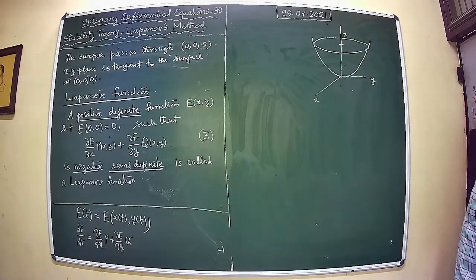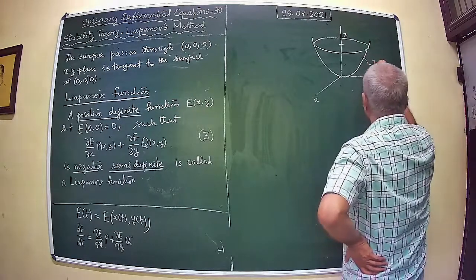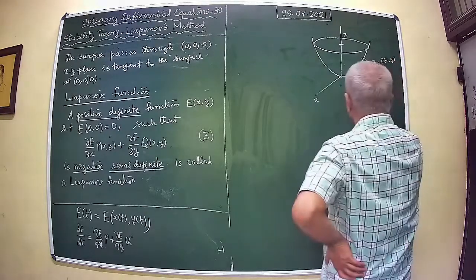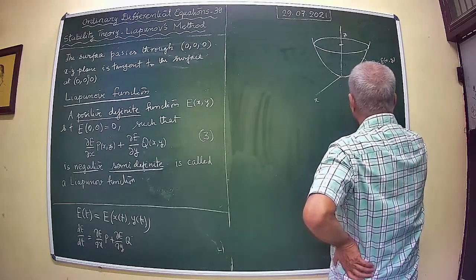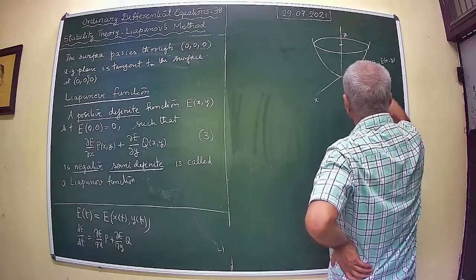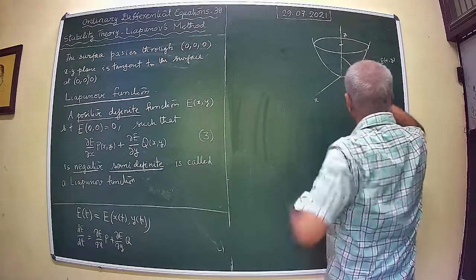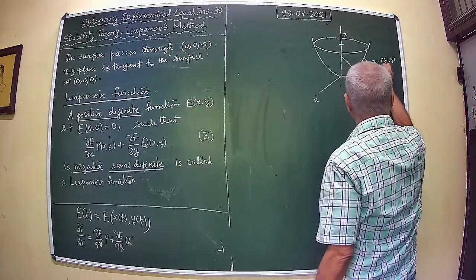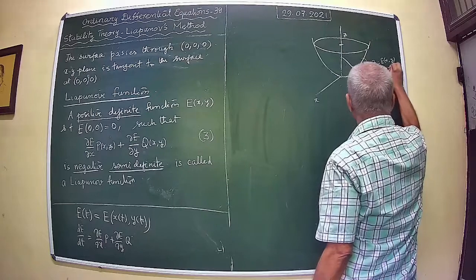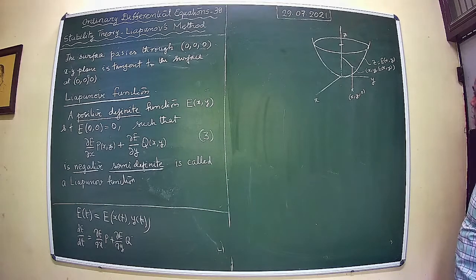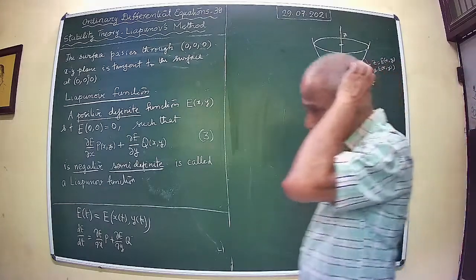Now, if you take a point 0 here, this point corresponds to the origin; that is what you mean by the surface z equal to E of xy.